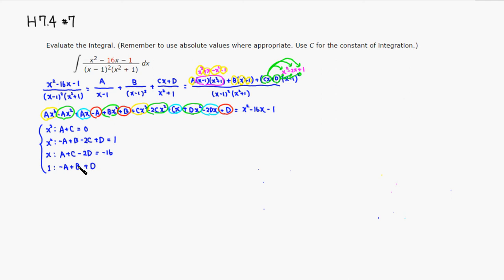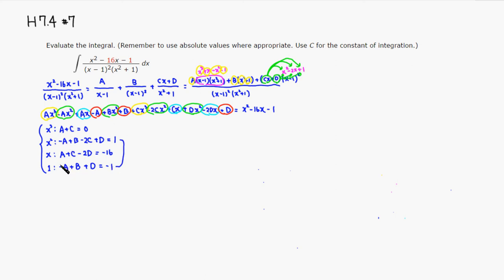Right? And this is equal to negative 1. Then let's solve for a, b, c, and d. So I'm going to use these two equations, this guy and that guy. I'm going to do a subtraction.